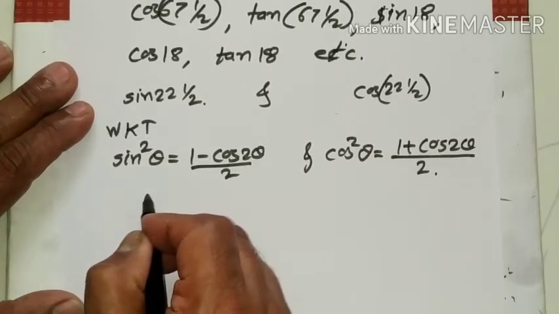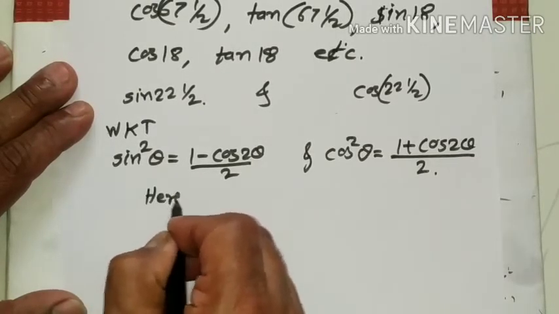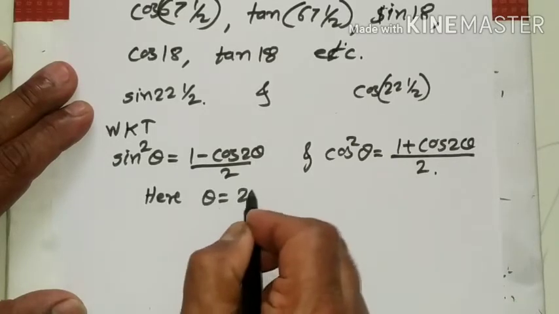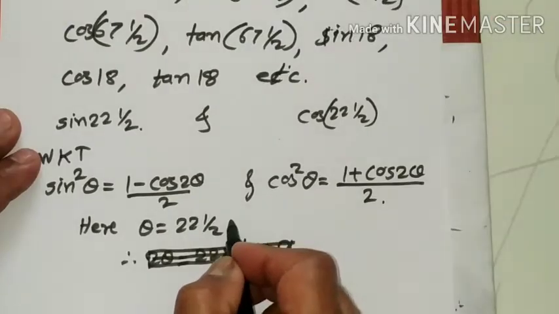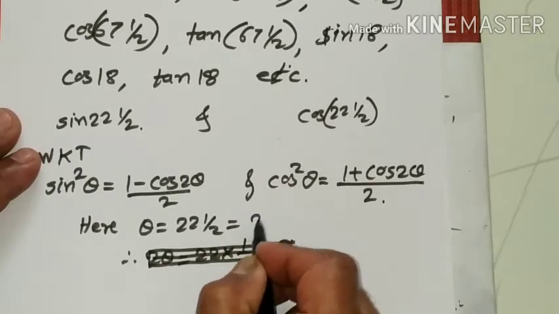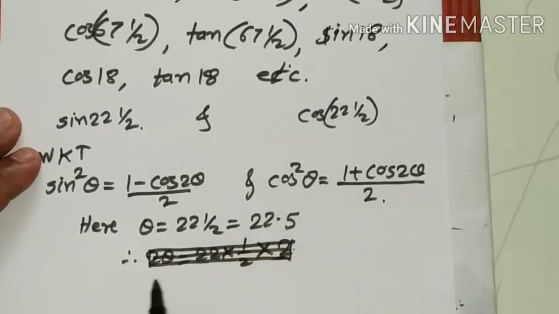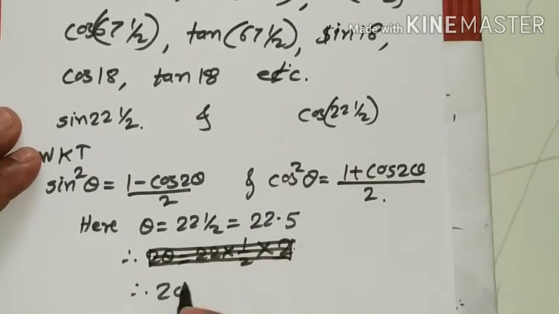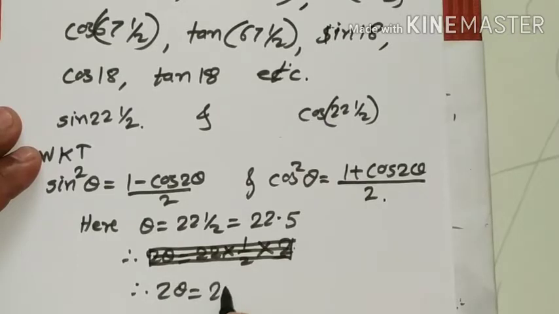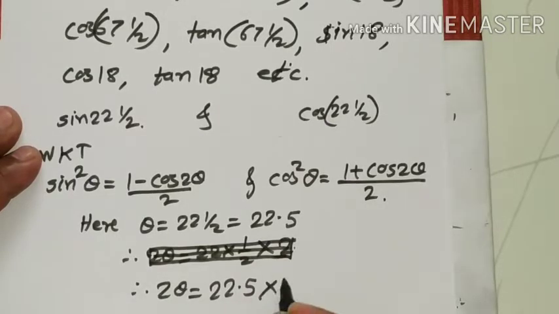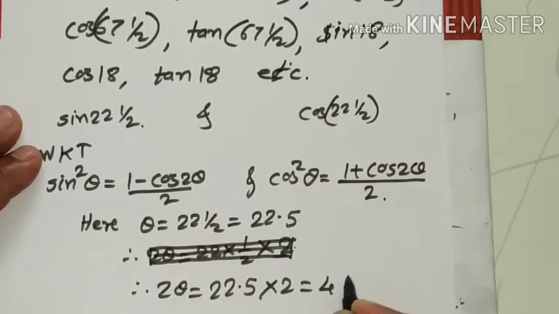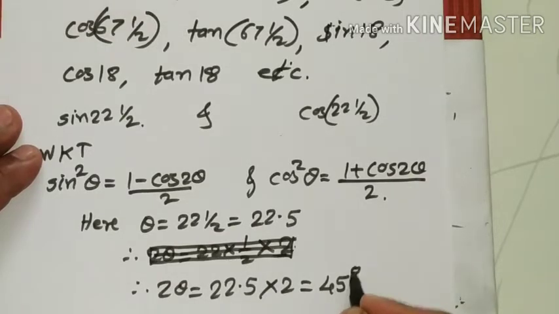Here theta is equals to 22 and half, that is 22.5. Therefore 2 theta is equals to 22.5 into 2 is equals to 45 degree.